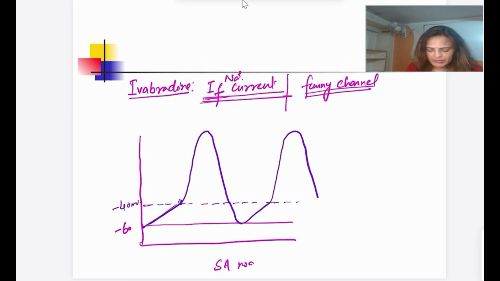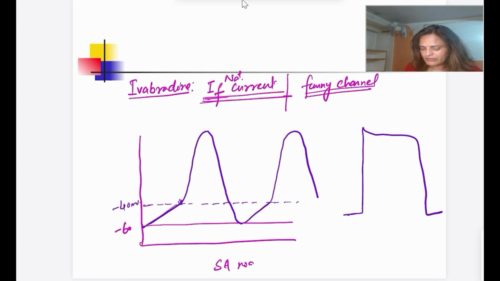Just like if you see the working atrial or ventricular myocytes, their resting membrane potential is like this. We draw it like this. So this is fixed. Here there is a continuous change.